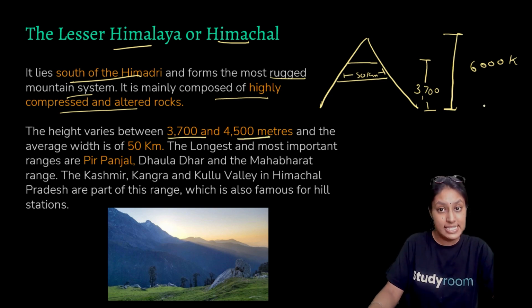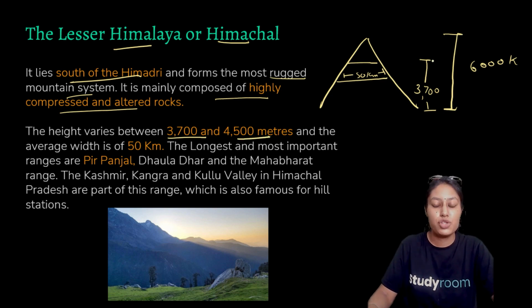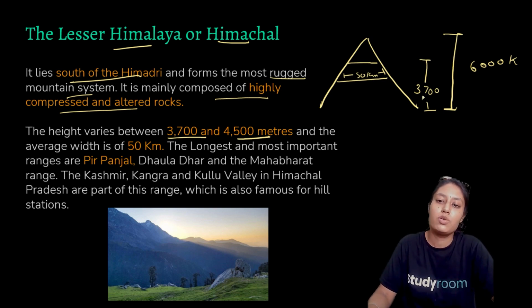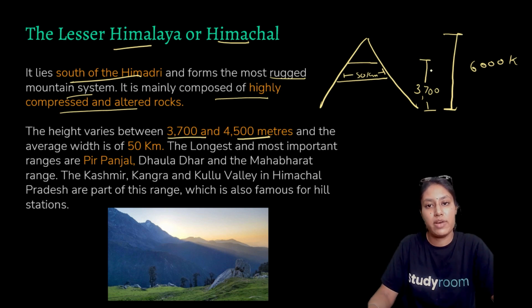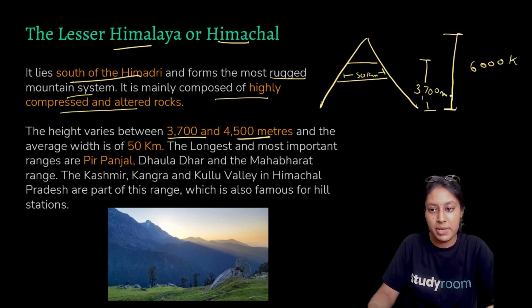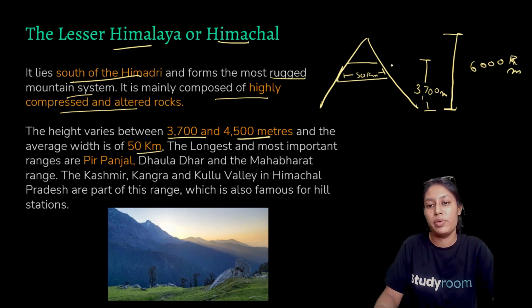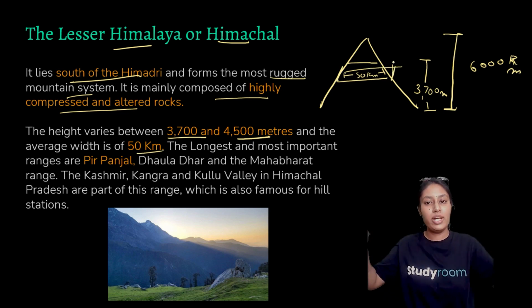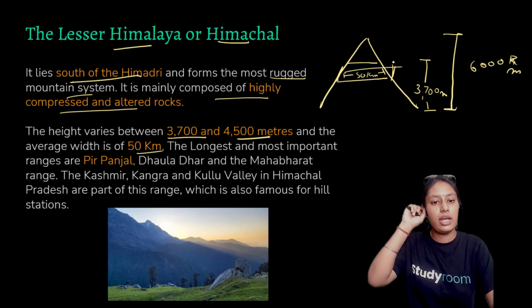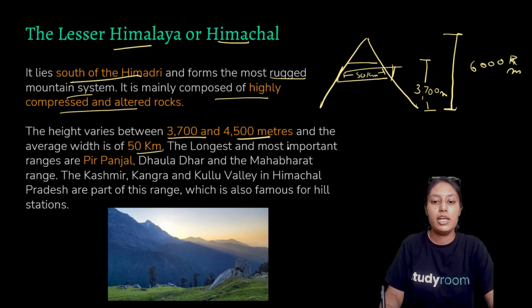In total it is 6,000, I hope you remember that. And just for Himachal or Lesser Himalayas, it's 3,700 to 4,500 meters. And the width of the mountain here is almost around 50 kilometers.